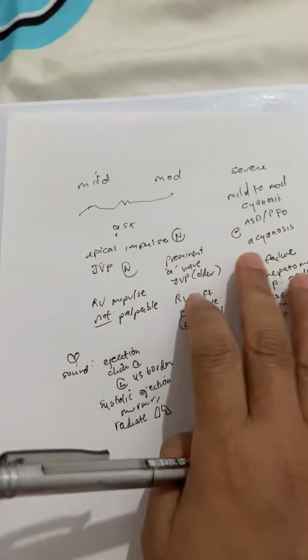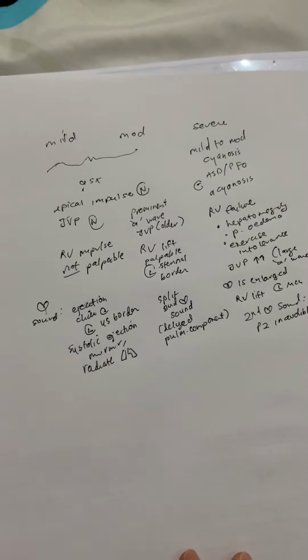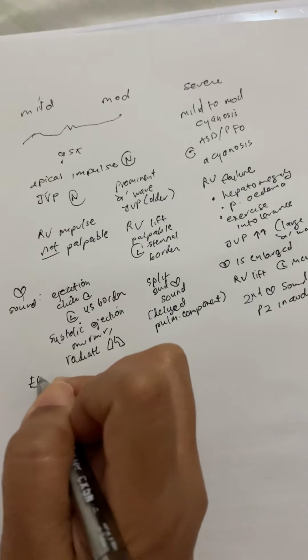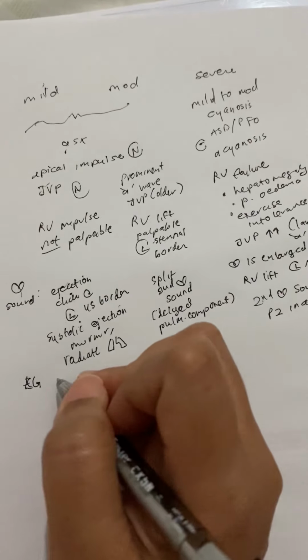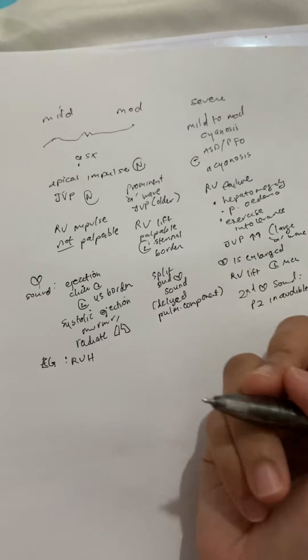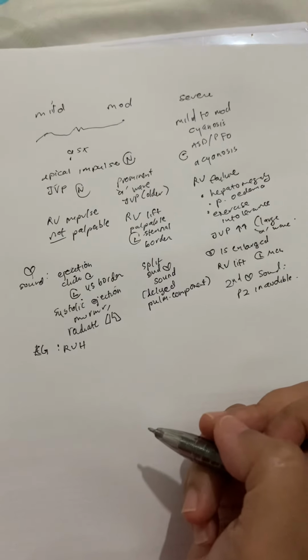Okay, so for the ECG, for all of them it will show right ventricular hypertrophy changes, depending on the degree of severity.